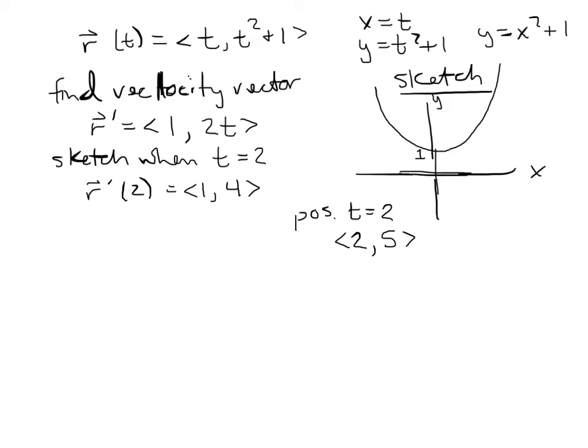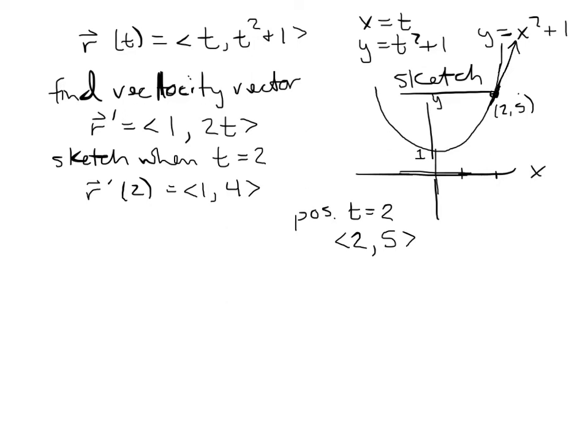That vector 2, 5 is going to point to the point 2, 5 on this graph. I wanted to get that position because now this vector 1, 4, if I start at the point 2, 5 and go over 1 in the x and then up 4, kind of running out of room here, but the vector is going to look just like that.